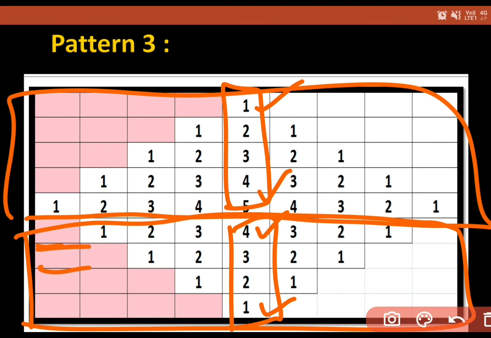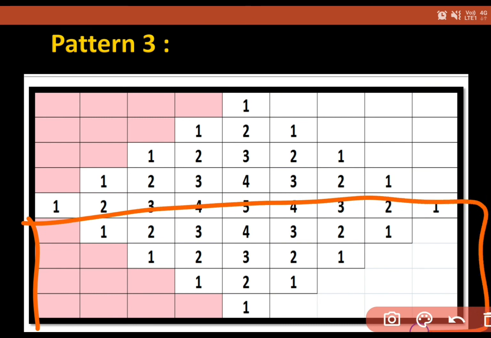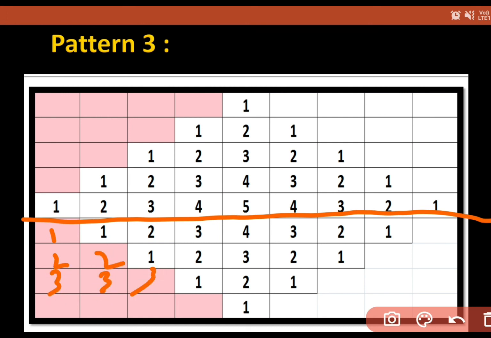Then the logic of spaces differs. See, previously I told you, if I'm having the pattern in this way, previously 0 spaces, then 1, then 2. But now if the pattern starts from here, we want first thing, that is space. 1 space, then 2 spaces, then 3 spaces, then 4 spaces we want.